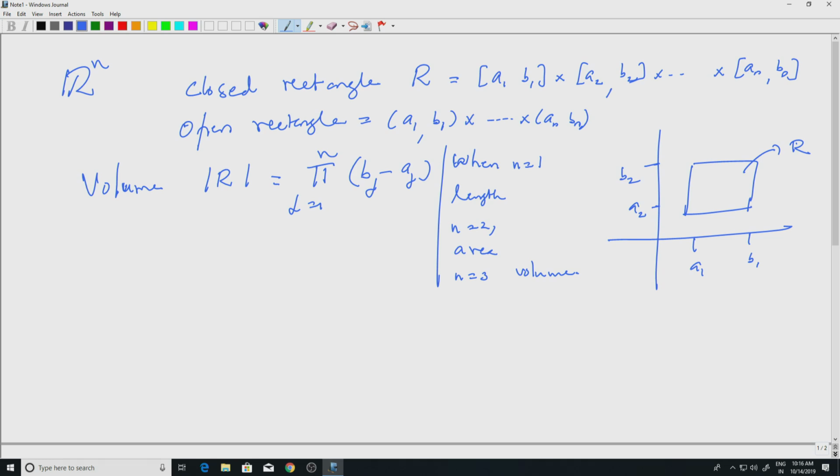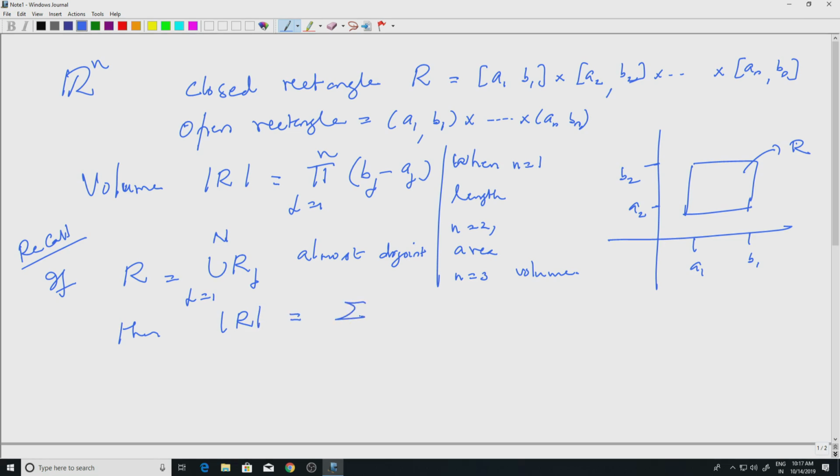So, recall if a rectangle R is the union of finitely many almost disjoint rectangles, then the volumes add up. Then modulus of R is summation j equal to 1 to n of modulus of Rj. So, this was one of the things we proved.